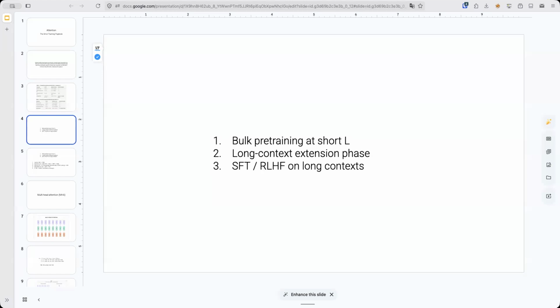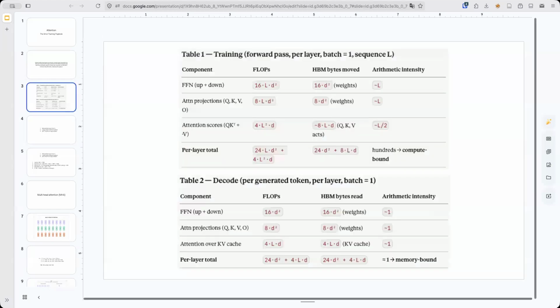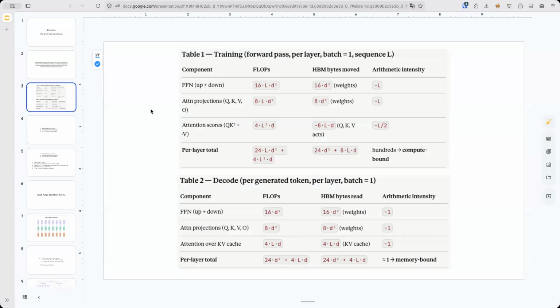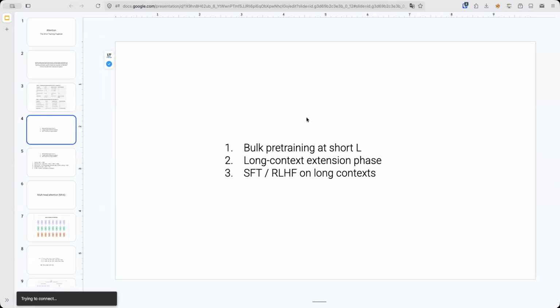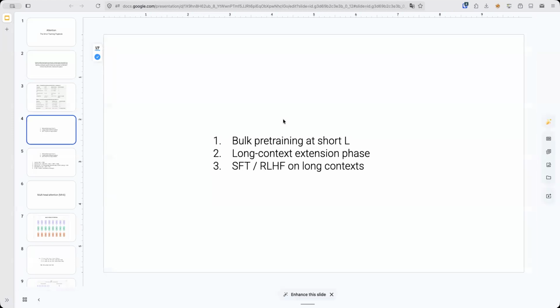We have bulk pre-training done at short L, where the attention scores still do not dominate the FFN layer. Then we have the long context extension phase, where L starts dominating. And then we have SFT and RLHF stages on long context as well, where attention still dominates over FFN.